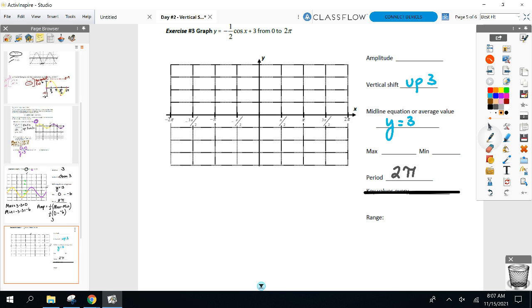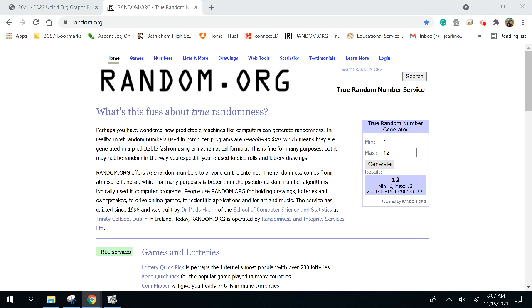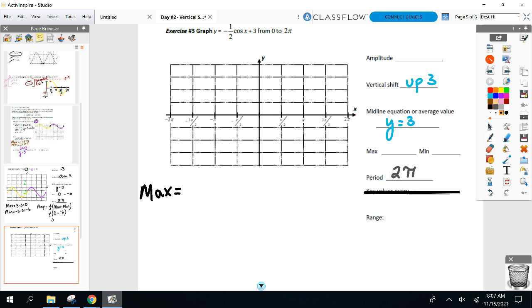All right, here we go. Let's do max and min. Got to do a little math here over the side. The max: before you shifted it, what was your max? Look at the equation. My min would have been -1/2, but the max would have been +1/2. And we're shifting this up 3, everybody.